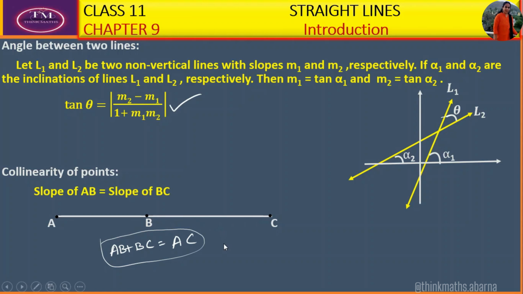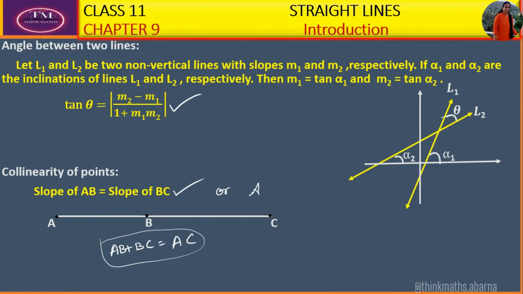The slope will hold this: slope of AB will be equal to slope of BC. Only then will points A, B, C be collinear. So this is the condition for collinearity with the help of slope.